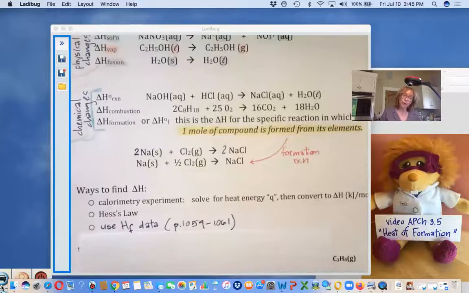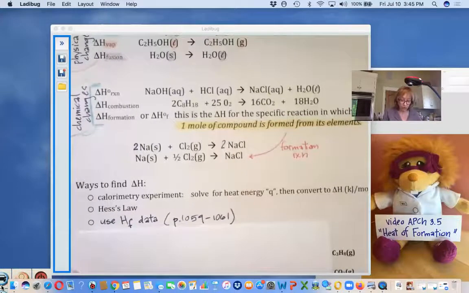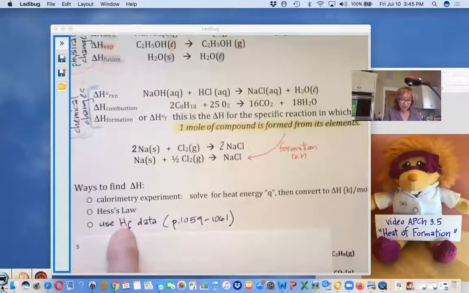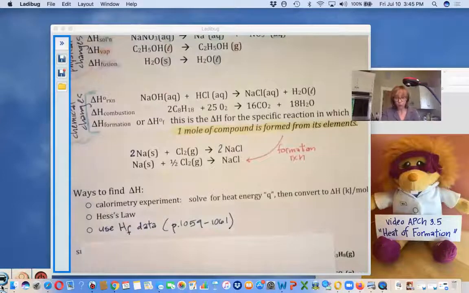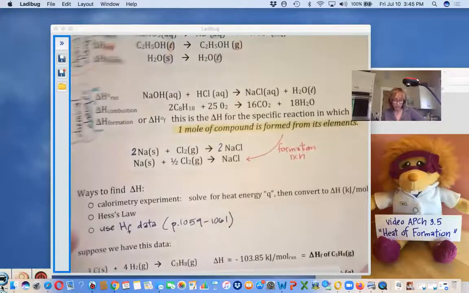The third way that we're going to explore in this unit is using data from these kind of heat of formation reactions. Okay, so I'm going to derive for you the equation that we'll use for this method. So just kind of bear with me here.